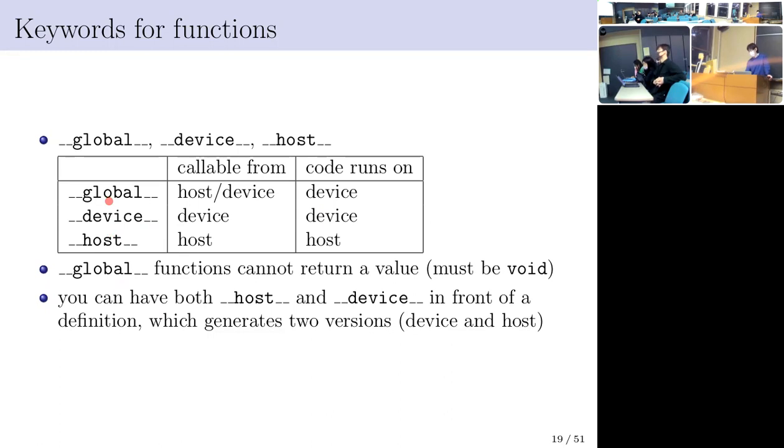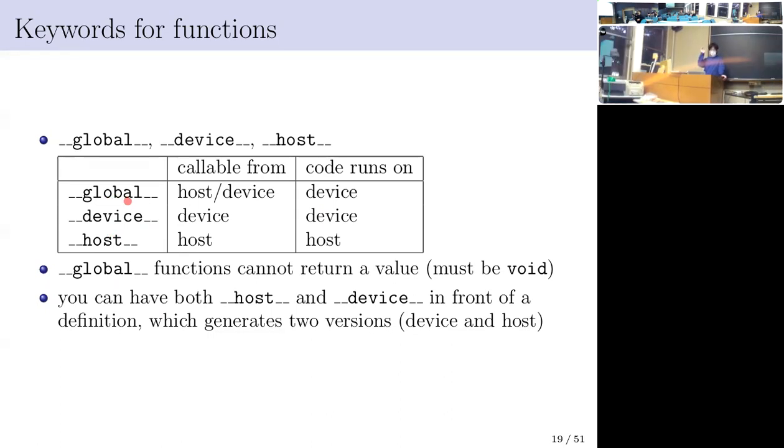Global is somewhat different. It's basically compiled for GPUs, but it can be called from CPU code. Device code can be called only from the GPU, but global is a kind of entry point from the CPU to the GPU.